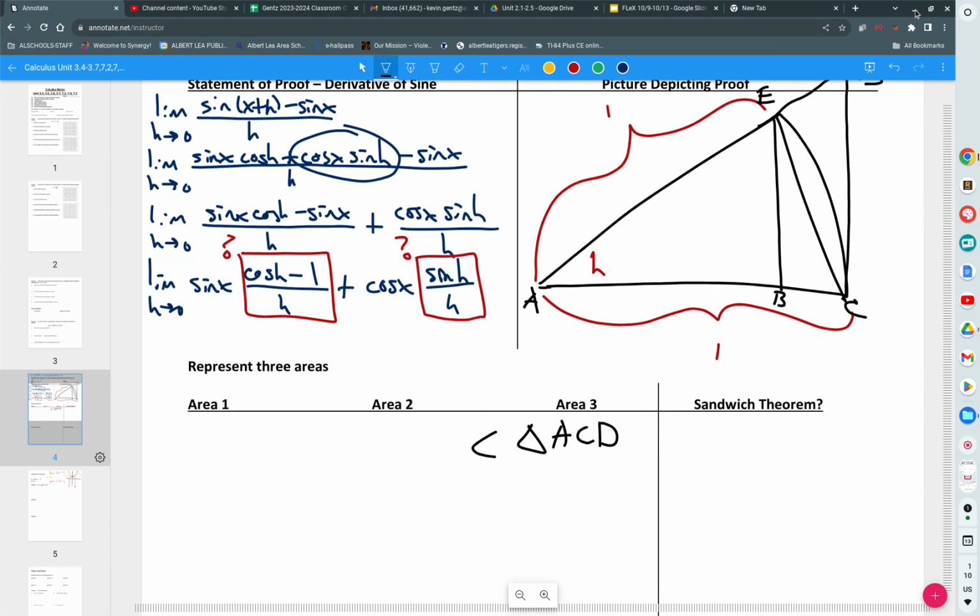And then we're going to put one in the middle, and it's not a triangle, it's actually a sector. So it's important you notice this. Everybody see the difference between the triangle and the sector? Everybody agree the sector is bigger than the triangle? So we're going to call that sector ACE.